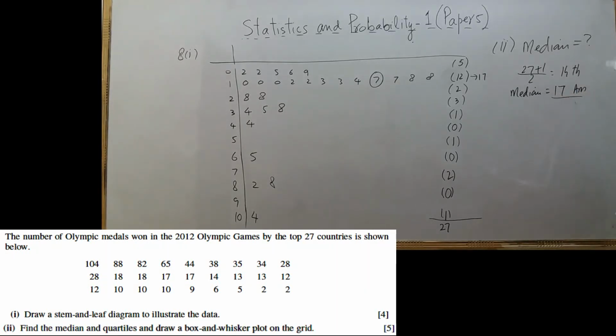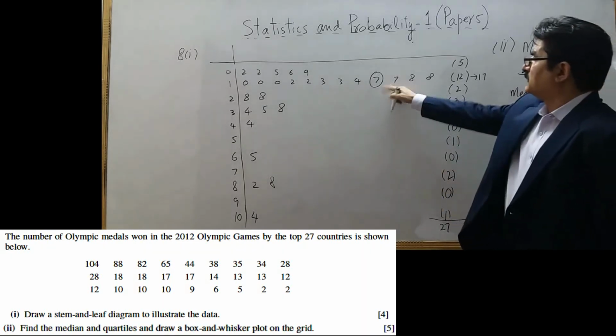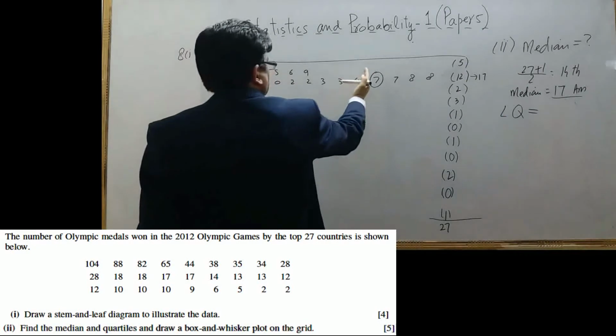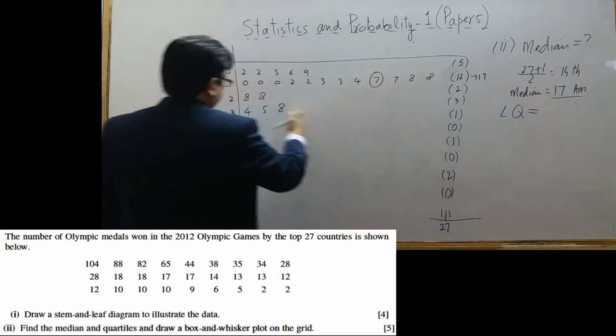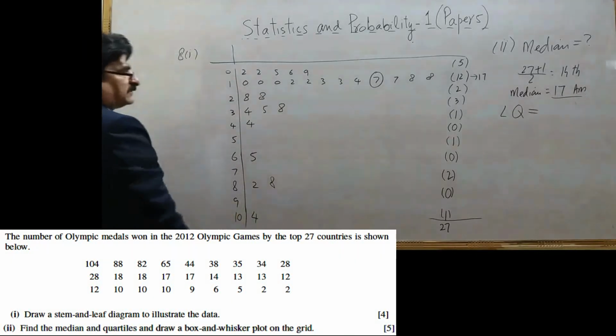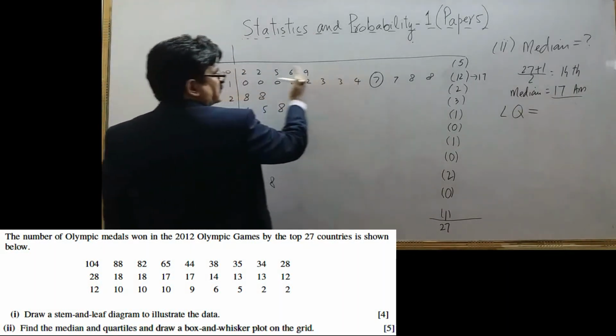Then we are asked to find the lower quartile. How will you find the lower quartile? Now we have a total of 27 values. This is the median. Now this is the lower half of the data, and from here we have the upper half. So the lower quartile is the median of the lower half.